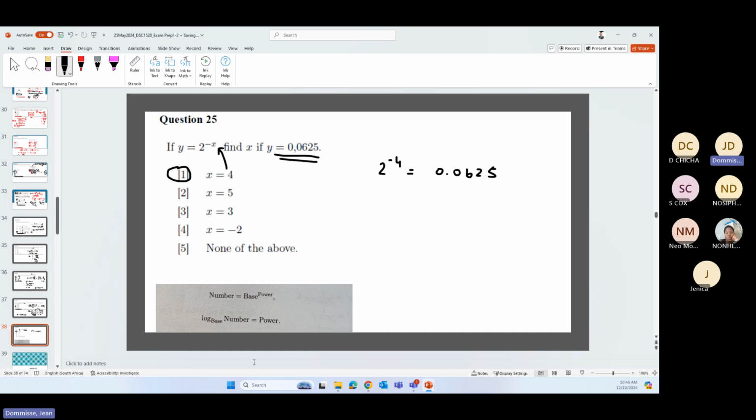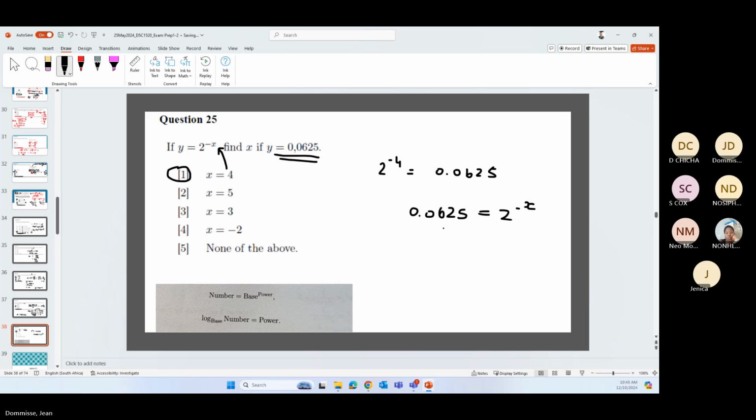But let's just see other ways of doing it, and that's why I copied this component in, to say the number that you're looking for is equal to base to the power. So let's quickly do this. 0.0625, I'm just going to rewrite that. So that is equal to 2 to the power of minus x.